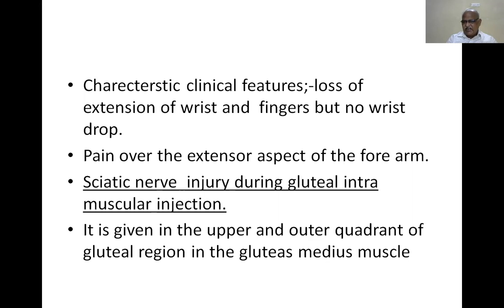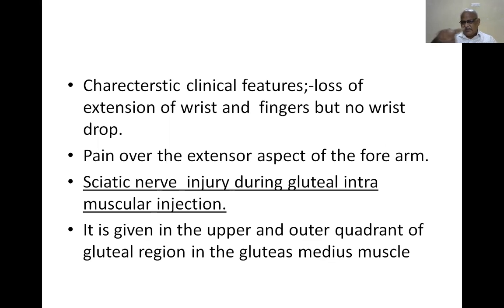You can divide the gluteal region into four quadrants. If you make a plus mark on the gluteal region, it divides it into four quadrants: upper outer or upper lateral, upper medial, lower lateral, and lower medial.